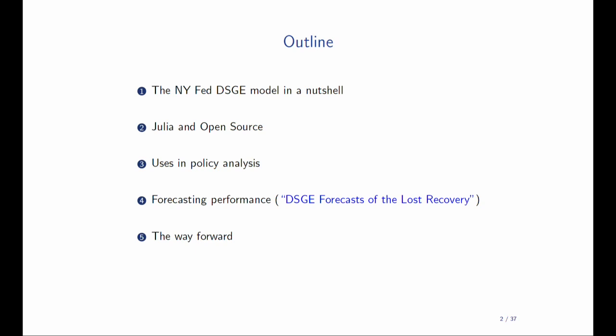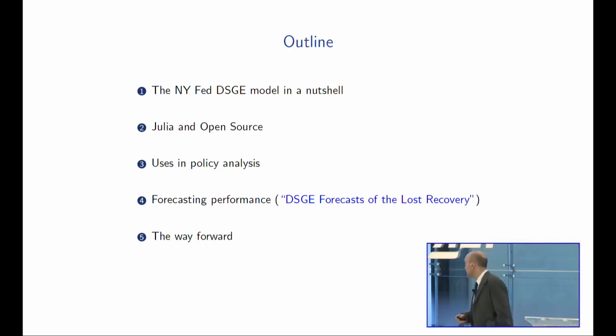Then I'll talk about the uses of the model and monetary policy analysis. I'll have a longish part on forecasting performance that is based on the paper that is linked there, that is written with a number of co-authors. And then, plans ahead.